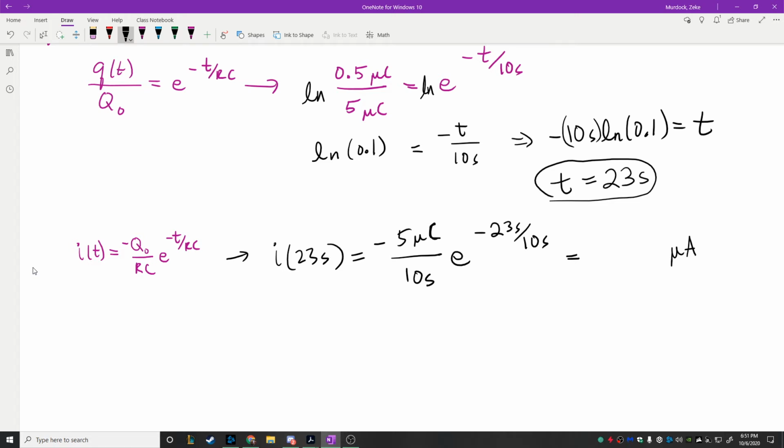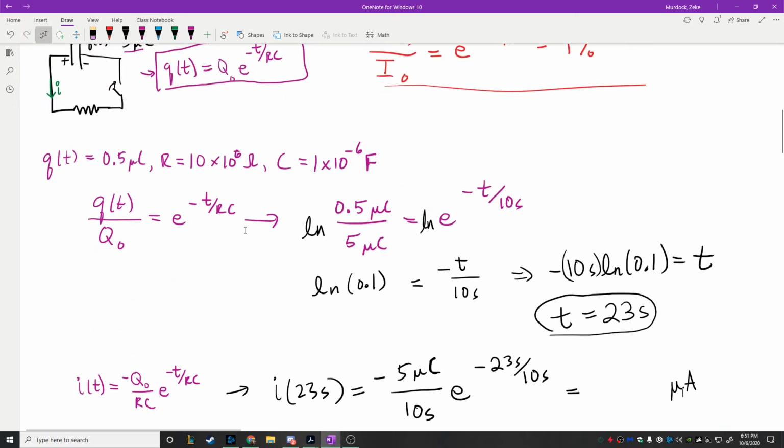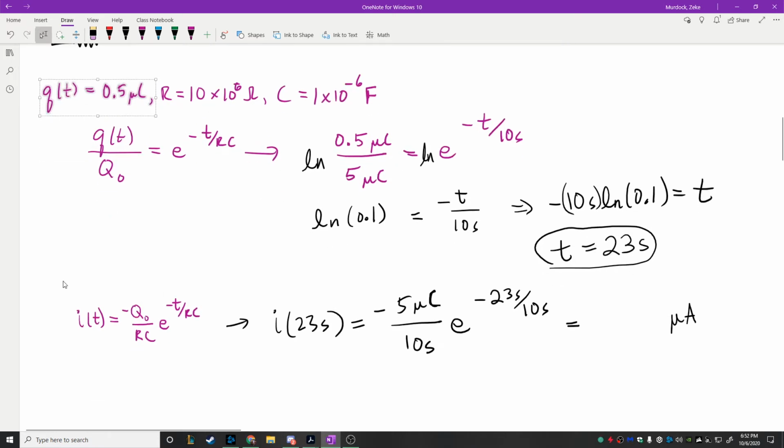What? Wait. Okay. That's the charge. Sorry, we're trying to find current now. Oh, were you saying the one in the numerator should have been 5 microcoulombs? I get it now. That is correct.